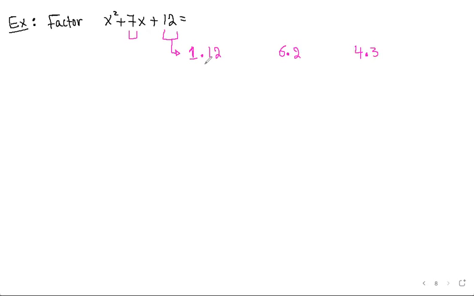But 1 plus 12 gives me 13, not 7. So I don't need this one. Now 6 times 2 is 12, but 6 plus 2 is 8. It's not 7. That means I don't need it.